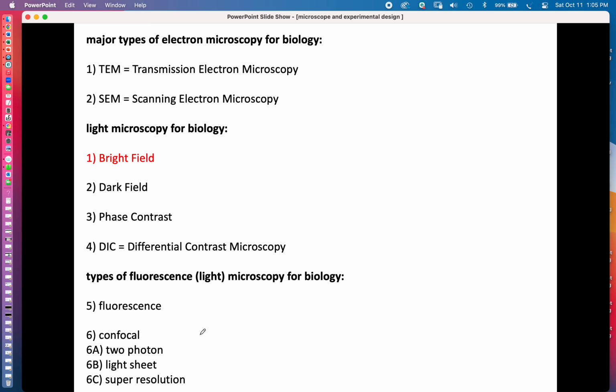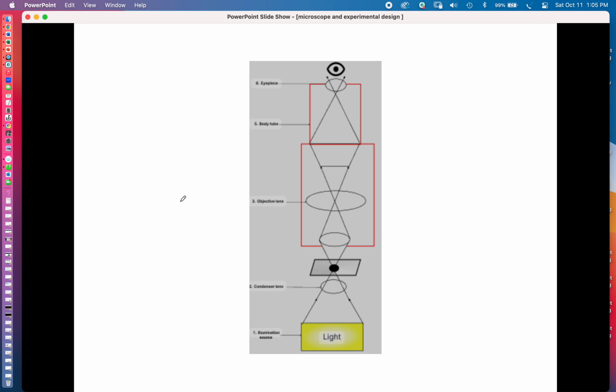So let's get started just with a reminder of bright field that we talked about in our class. And so we start down here. No, let's start up here with your eye. And there's the ocular lens or eyepiece, and we had a binocular microscope, so 2 eyepieces. They almost always have a magnification of 10x. And then down here close to the specimen, we have the objective lens, and that varies on our scopes.